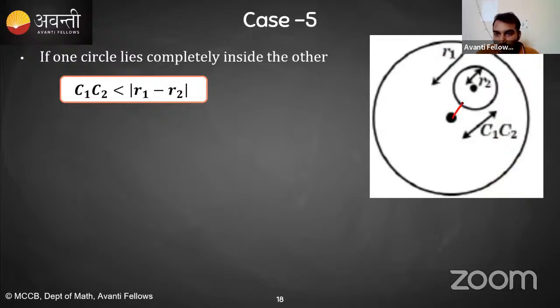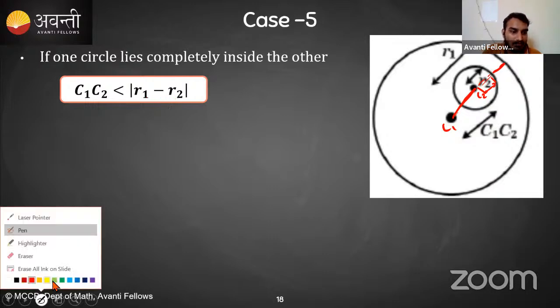See, this is C1, this is C2, and this complete distance is R1 and this distance only is R2. So if you remove R2 from R1, what is the distance left? This distance plus this distance. Yes or no? Which is clearly R1 minus R2, and that is clearly greater than C1C2. Yes or no? So that's why C1C2 should be less than mod of R1 minus R2.